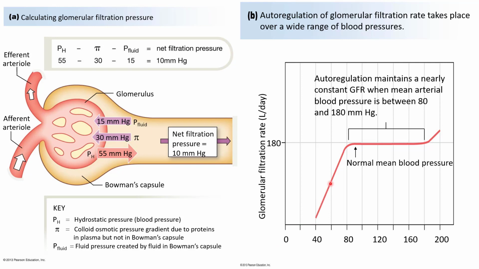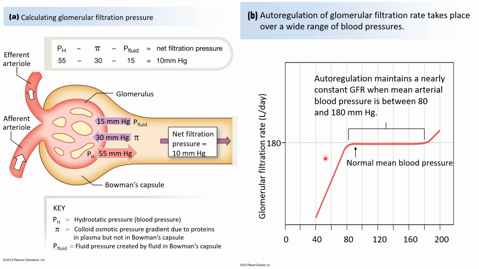And then it increases on a linear scale until we reach about normal blood pressure at about 80 millimeters mercury. And between 80 and roughly 180, we have the same glomerular filtration rate, which is about 180 liters a day is what we filter out.